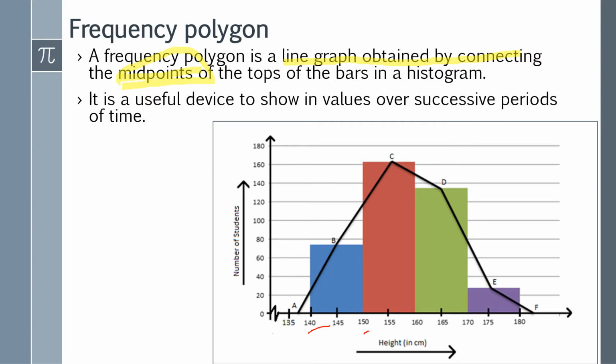Okay? So, 140 plus 150. So, it's 290 divided by 2. And the middle score or the midpoint natin is 145.